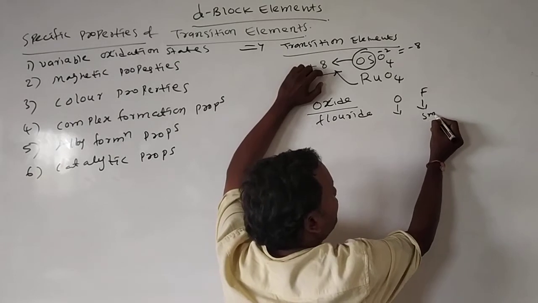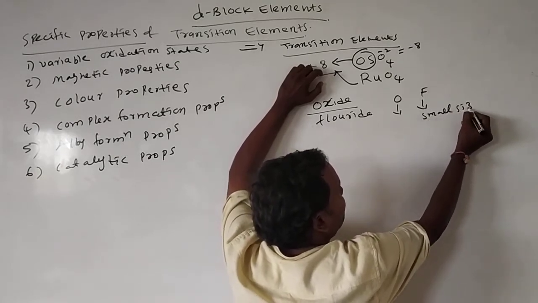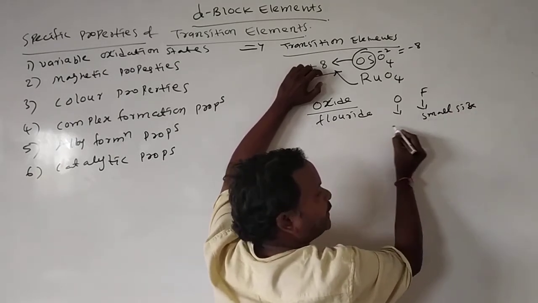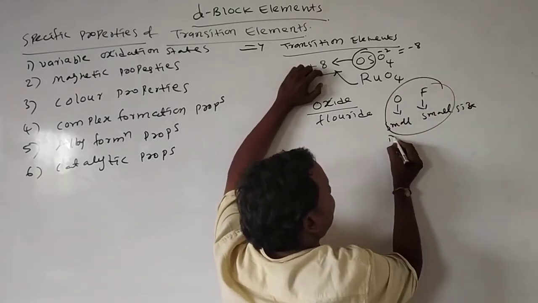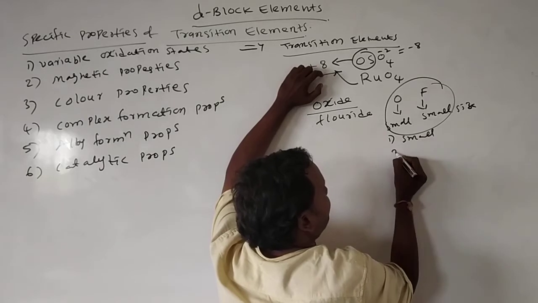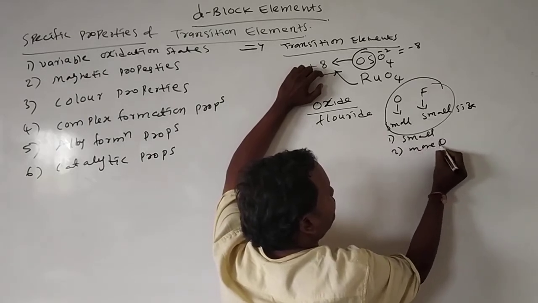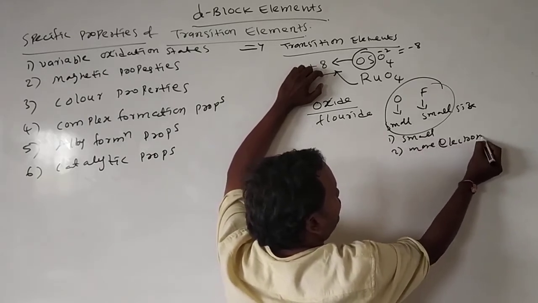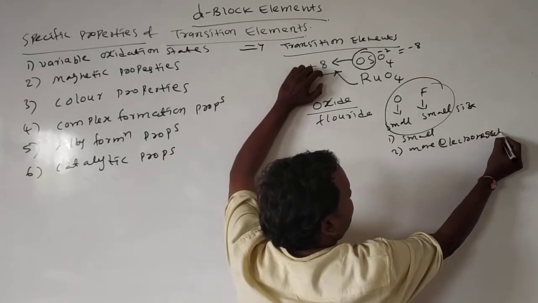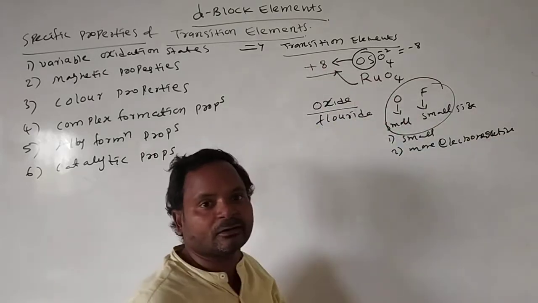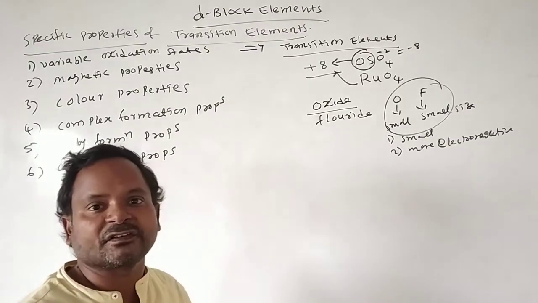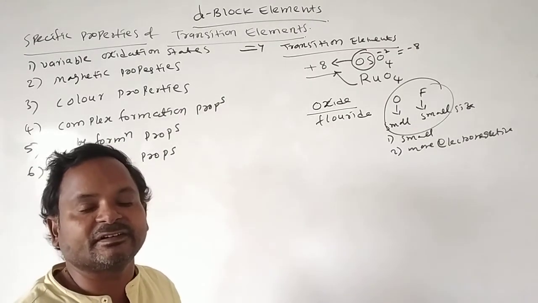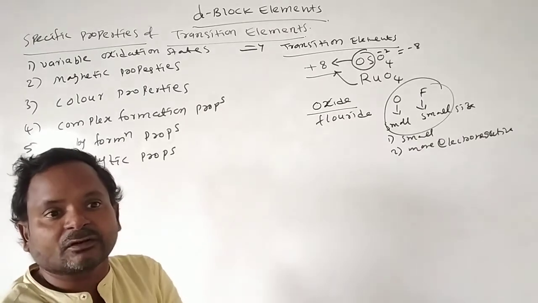They also have very small atomic size. Due to small size and high electronegativity, fluoride and oxygen can stabilize the highest oxidation state. Which elements exhibit the highest oxidation state?